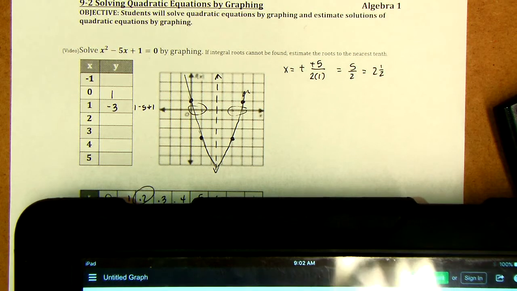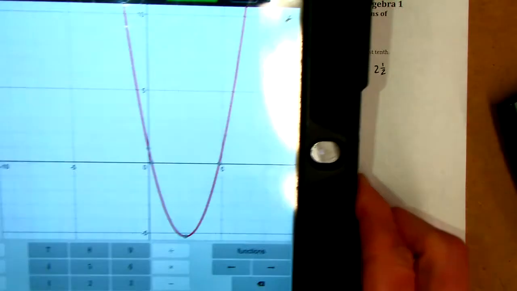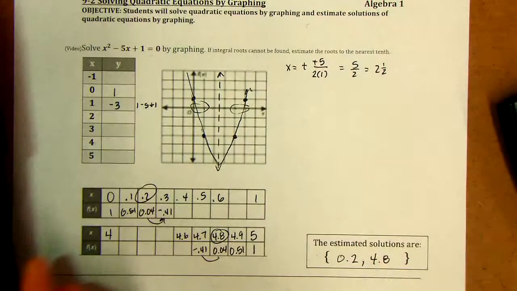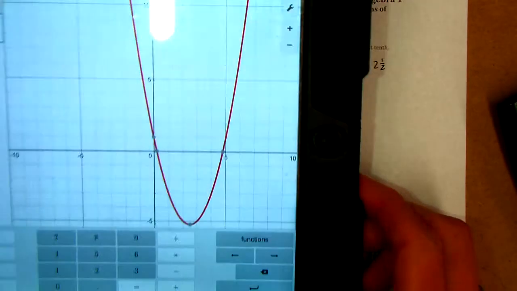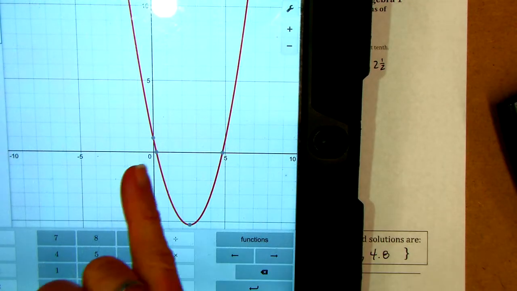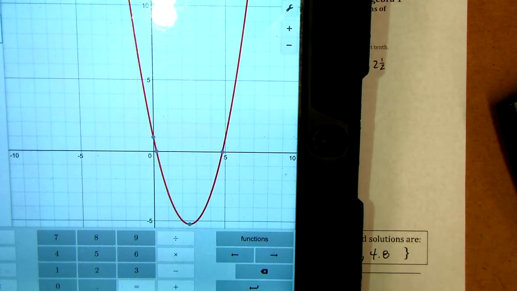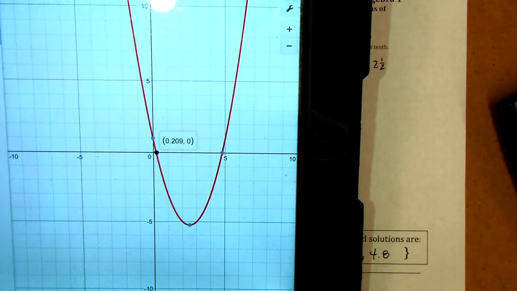And it looks very similar to the one we just graphed. And the cool part about this Desmos calculator is you see that right there in my x-intercepts, we have the gray dots because those represent a very important thing, the solutions. And if you simply tap on it, it will give you 0.209. It's the coordinates, and that is our answer.